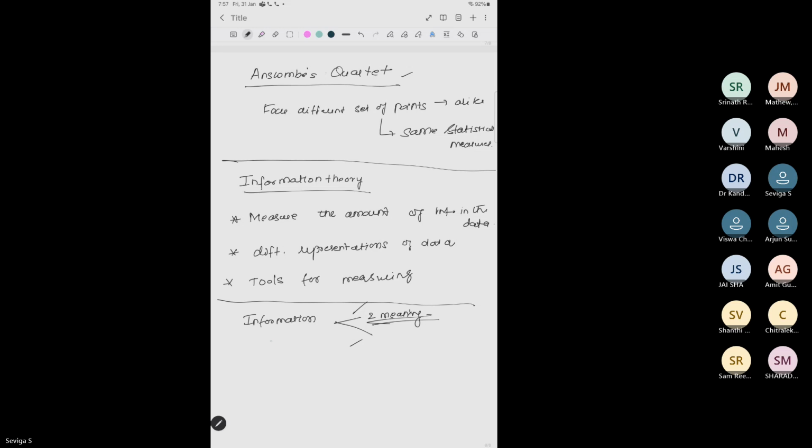To send information, we should have a sender and we should have a receiver. So the information is always sent from the sender to the receiver. Suppose the receiver receives new information, it adds to the surprise value of the receiver.